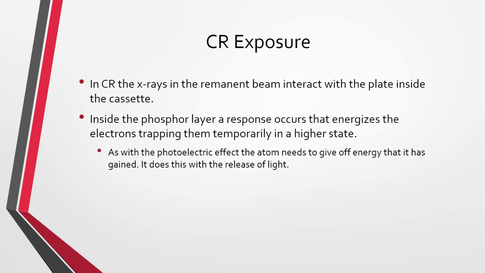When that happens, as with the photoelectric effect, the atom needs to give off energy that it has gained. It does this with the release of light. So as the plate's being exposed, it will actually luminesce. It will give off light, which is luminescence, as opposed to phosphorescence, which is the delayed giving off of light. That will be important later.